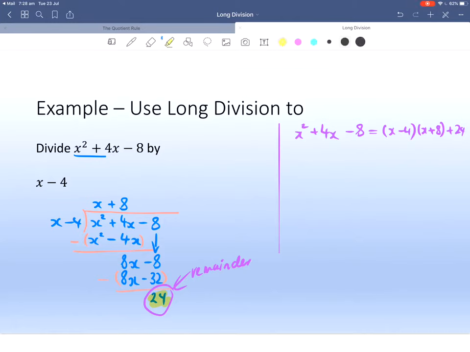If you're in doubt, expand this out, and you should get this here on the left-hand side. So that's one way we can write it. And another way we can write it is this way. We go x squared plus 4x minus 8 when it's divided by x minus 4. Well, actually, we're left with just that, x plus 8. But we also have a remainder, so we have to go plus 24 over x minus 4. Okay?